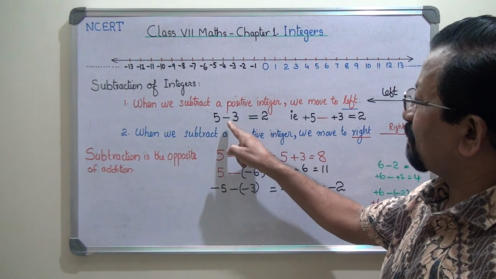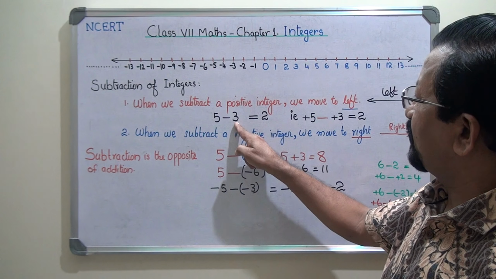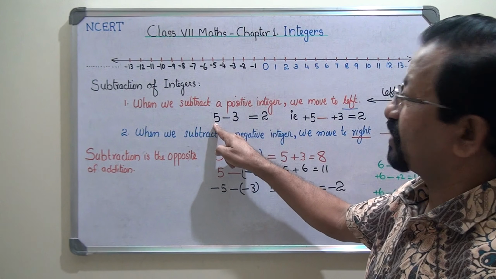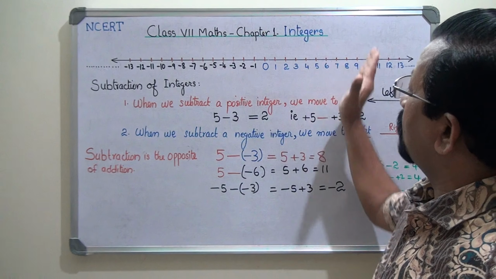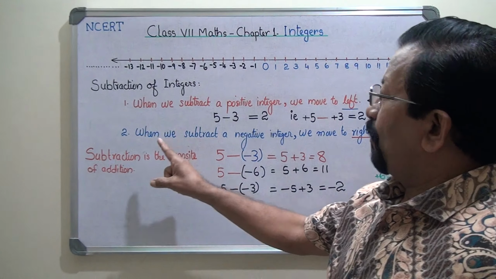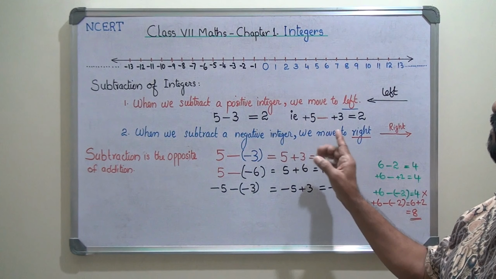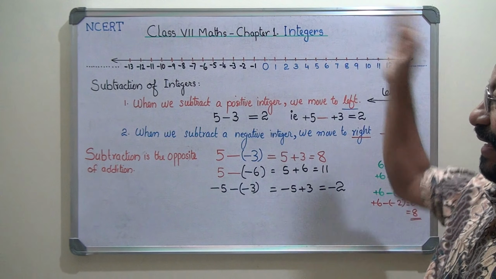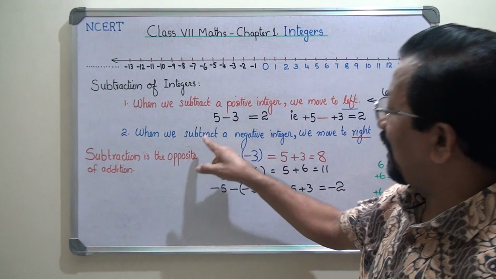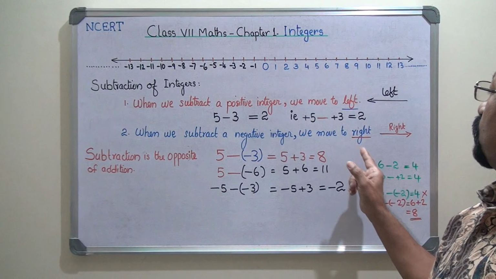So when we are subtracting a positive integer from another integer, positive or negative, we move to the left. When we subtract a negative integer, we move to the right. In the case of when we add a negative integer, we move to the left.